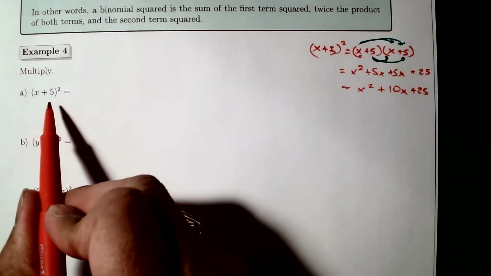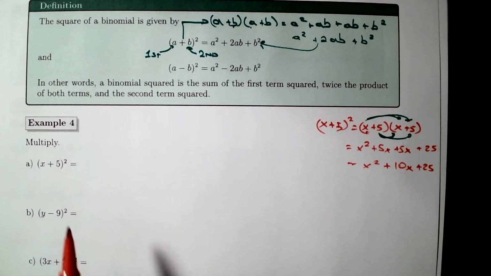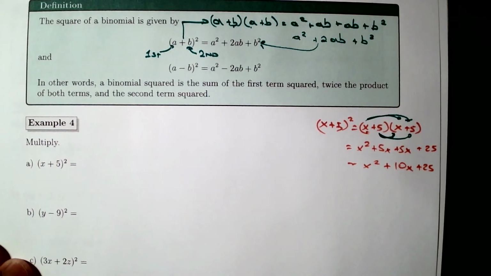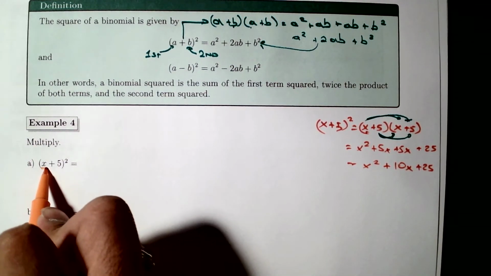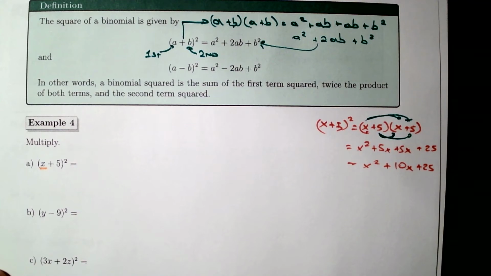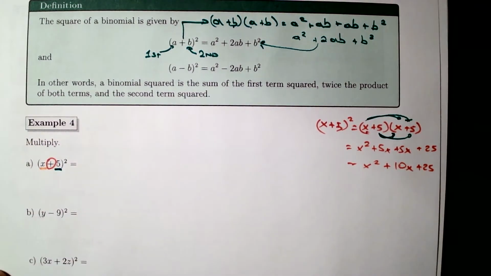Okay? So let's see if we get the same answer using the formula at the top of this page. So in this case, let me highlight this with orange and with green. And notice that we have a positive sign in between.